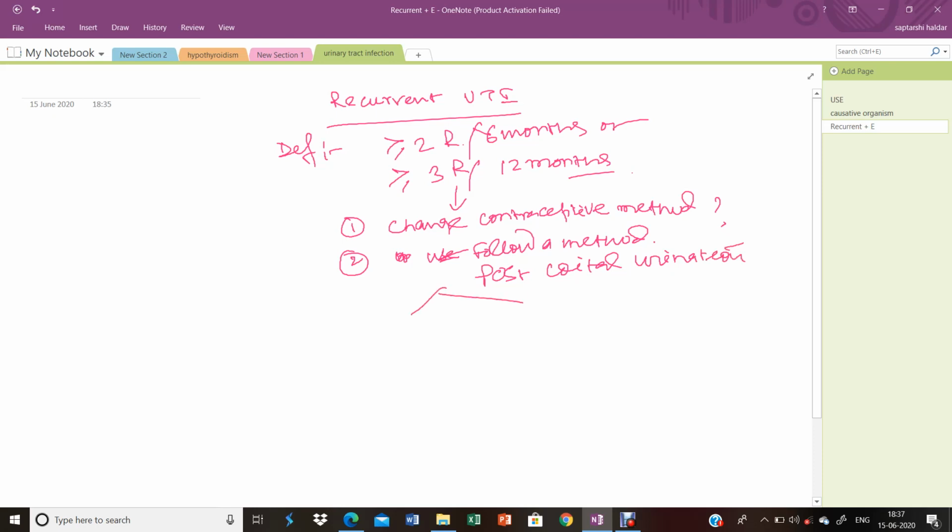Then check whether the UTI is related to coitus or not. If not related to coitus, give a daily dose.